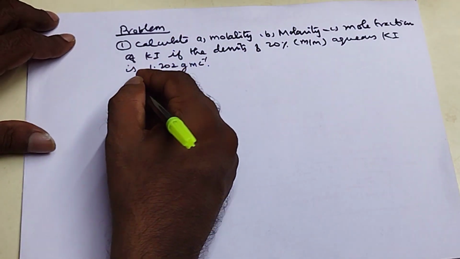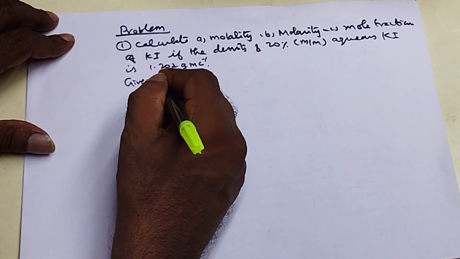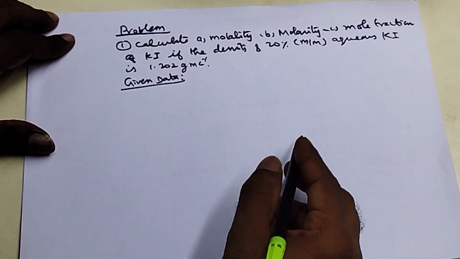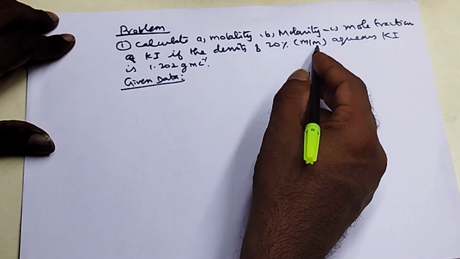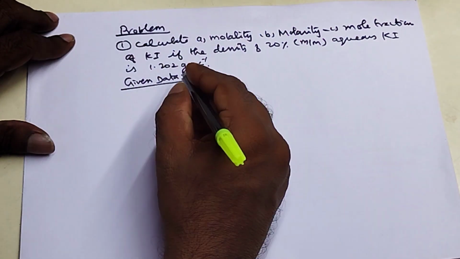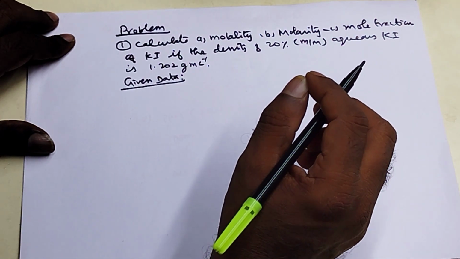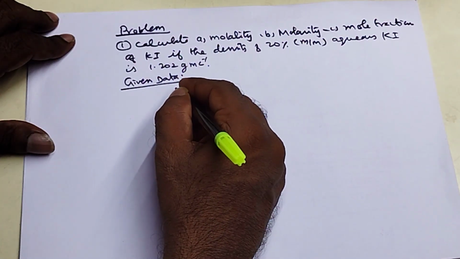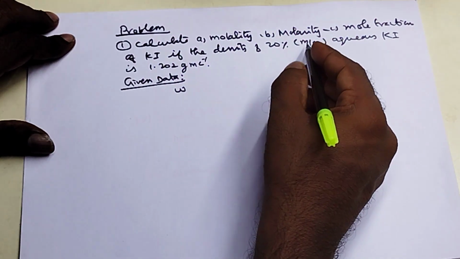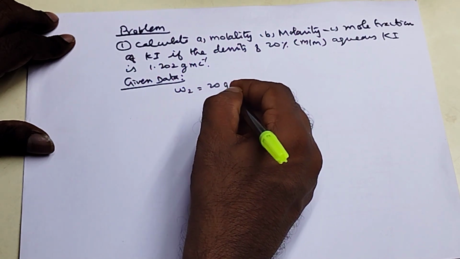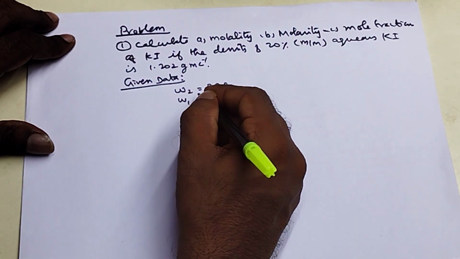First, we will write the given data. 20% by mass is given. Already I told you, 1 is for solvent and 2 is for solute. Mass of solute is expressed in grams, so W2 is equal to 20 grams. What is W1?